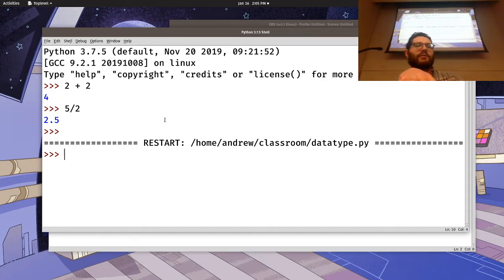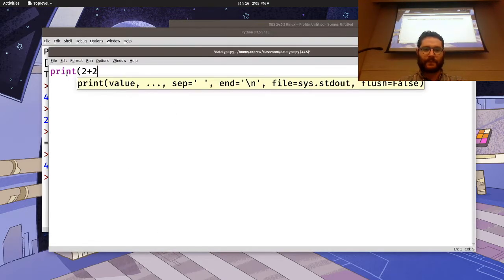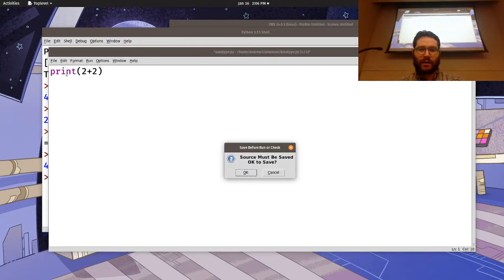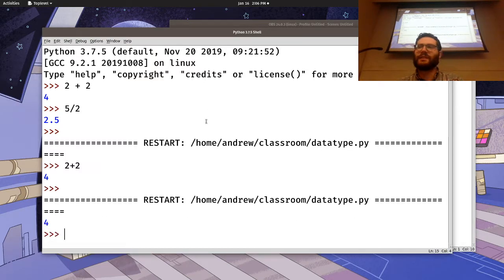So on the other hand, when I'm in the REPL, it does print out what I'm doing, and you can see that in blue. If I were to print it out in here and run it, the advantage of doing it in here is that I don't have to type print every single line. The disadvantage is that you don't really write full programs.